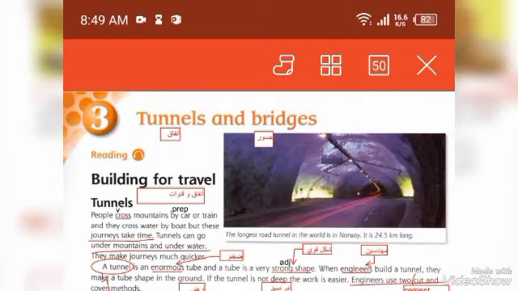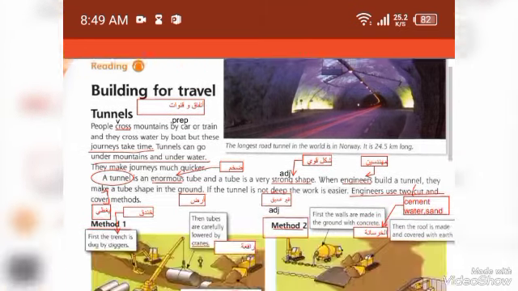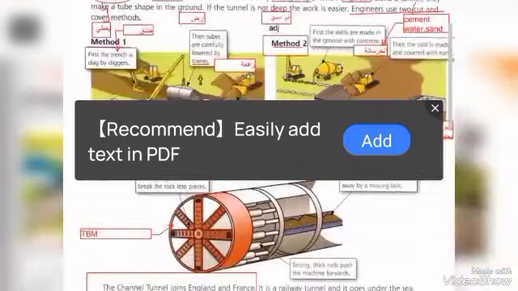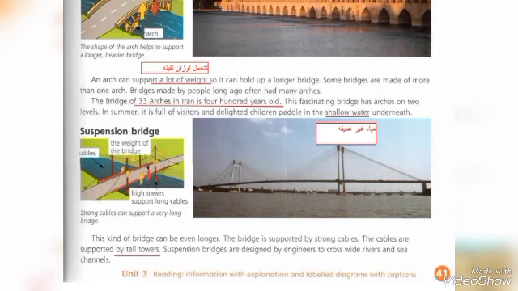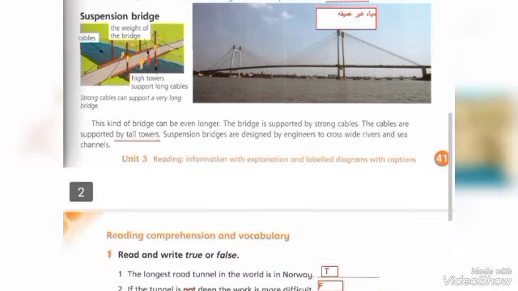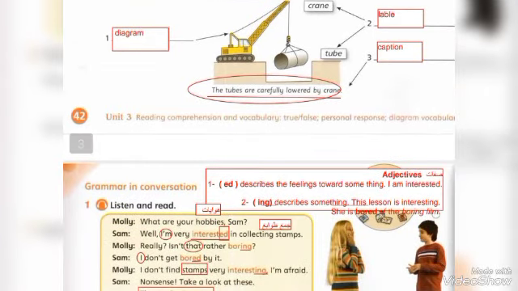In tunnels and bridges, you can study all the notes that we have written in your worksheets, and you can study the reading comprehension questions such as true or false. You can study the structure from the worksheet and from your workbook.